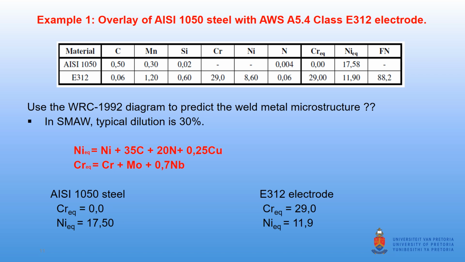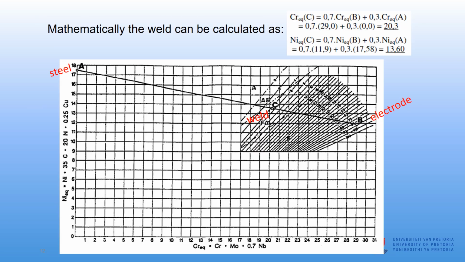In shielded metal arc welding, the typical dilution of the weld by the base metal is 30%. If the chromium equivalent and the nickel equivalent for each composition is plotted in the diagram and a line is drawn between the 2 points, point A corresponds to the 1050 steel and point B corresponds to the 312 electrode.